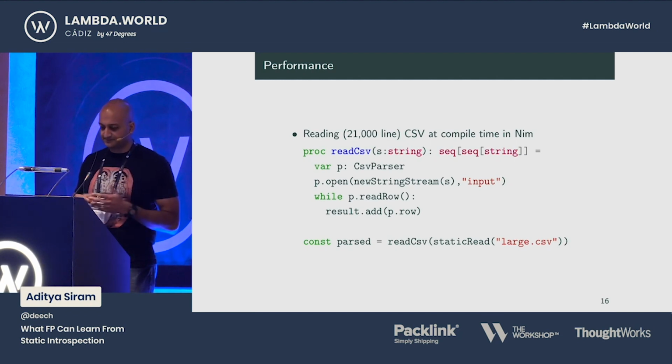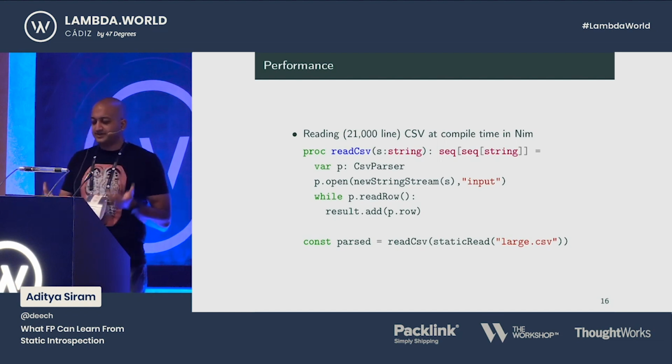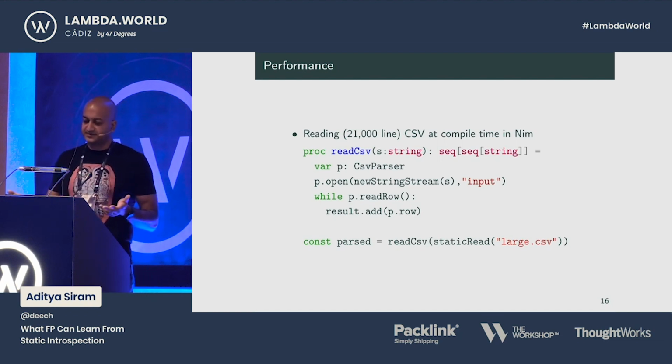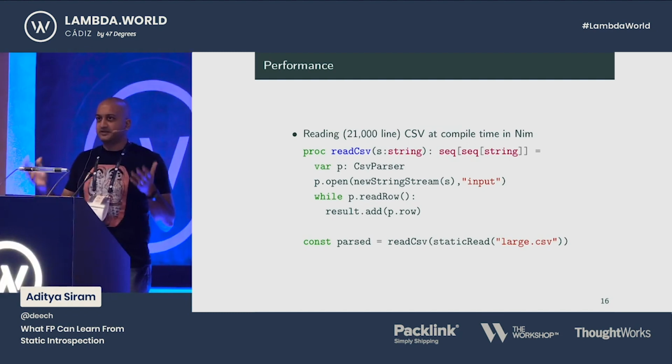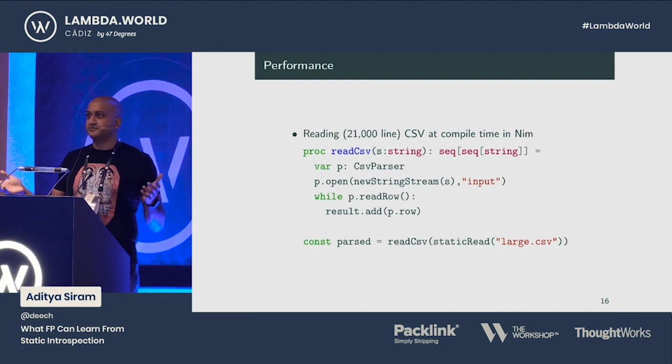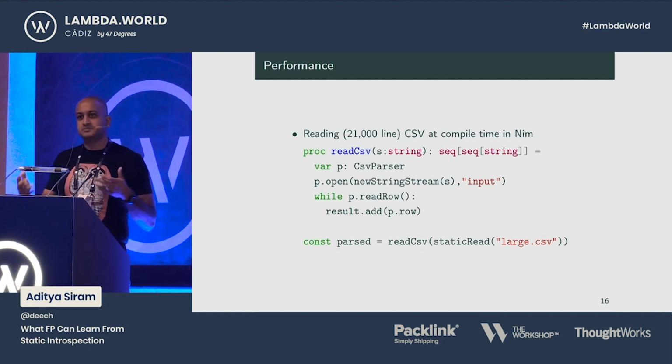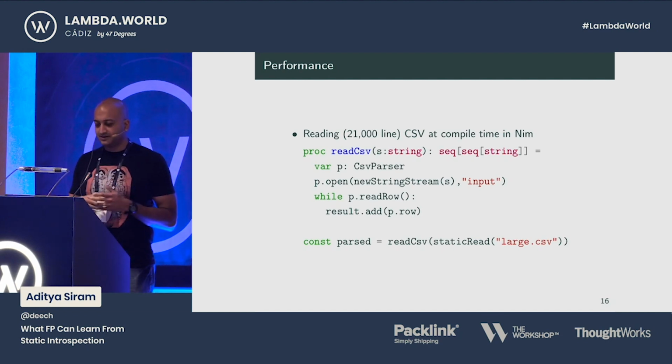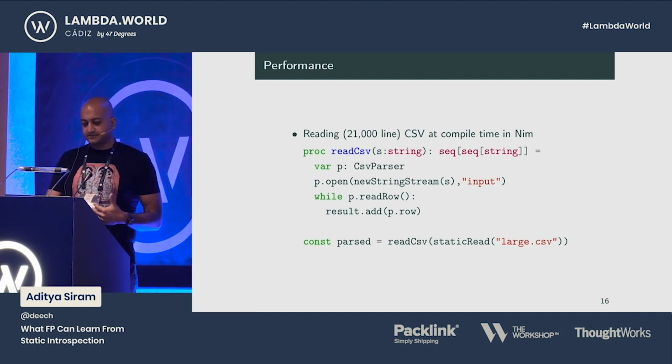It works in both phases. It's reading this file called large CSV. This file has 21,000 lines, and it's about 2.4 megabytes. So it's a moderate-sized CSV file. It's not huge. It's not small. It's non-trivial, right? So it's reading that in at compile time.